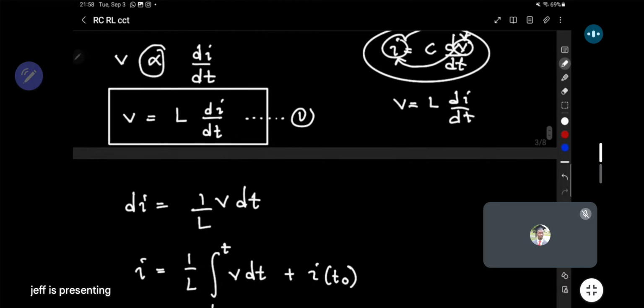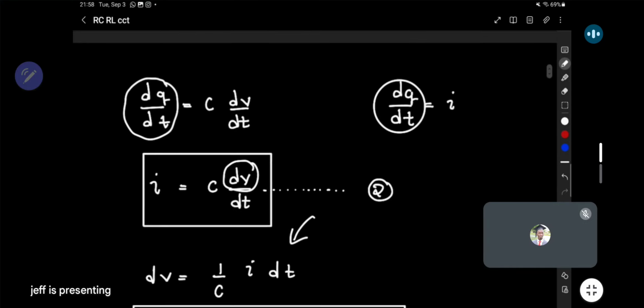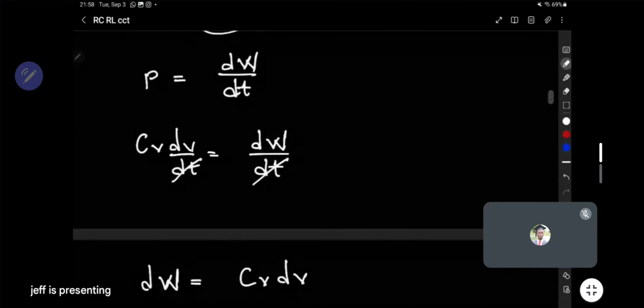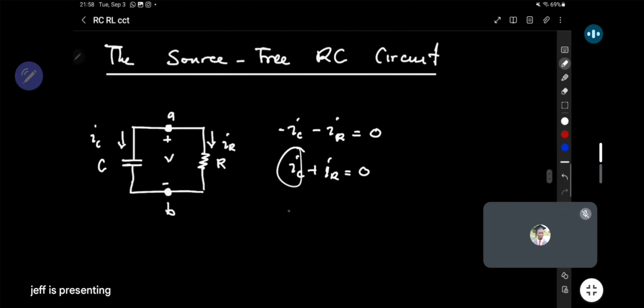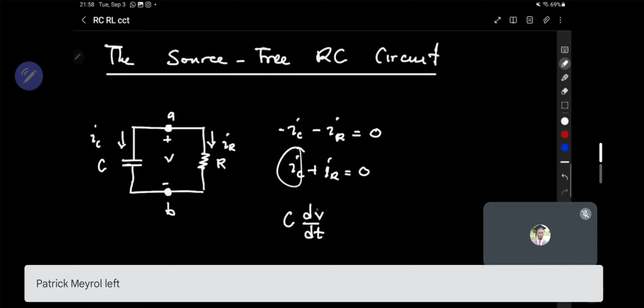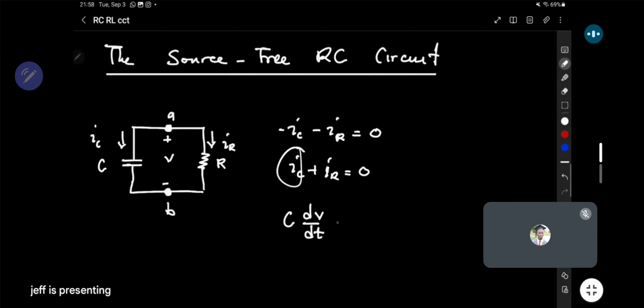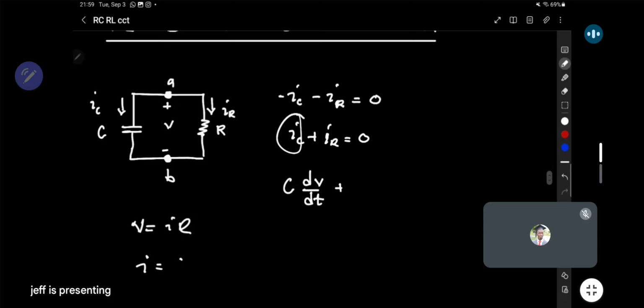For a capacitor, after differentiating, we ended up with the current through it as equation 1: the capacitance multiplying dV/dt. Then for a resistor, it's very straightforward: Ohm's law, V equals IR. So the current through a resistor will just be the voltage divided by its resistance. So this will just be V over R equals 0.